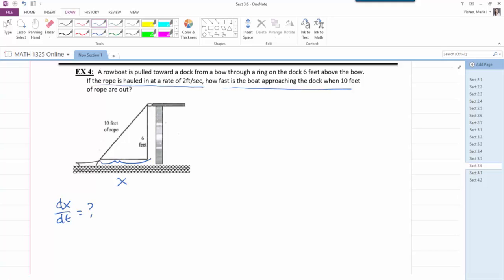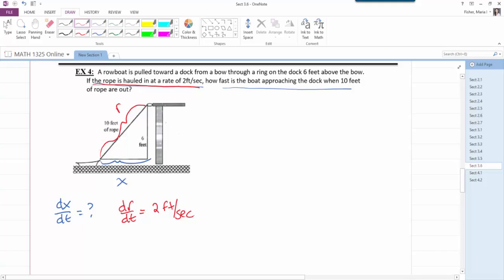So how fast is it approaching the dock? And then the rope is being hauled in at a rate of 2 feet per second. So this right here, and we'll call this distance R, is being hauled in at a rate of 2 feet per second.